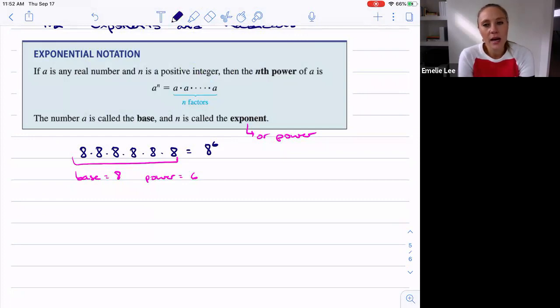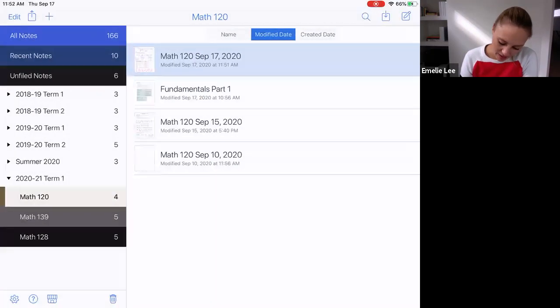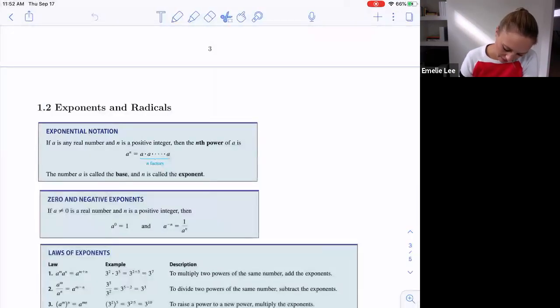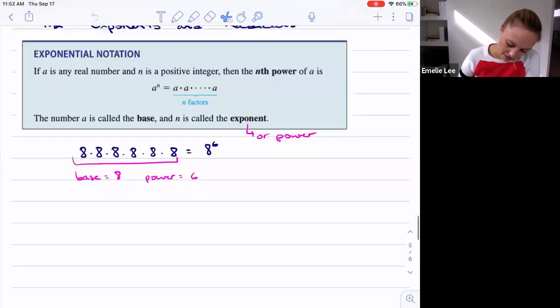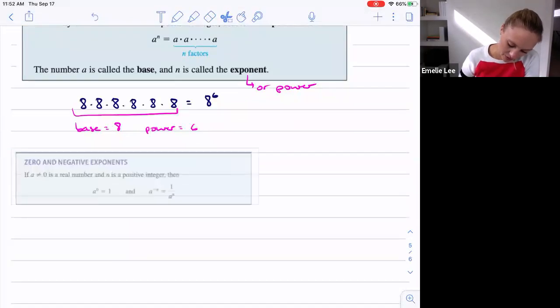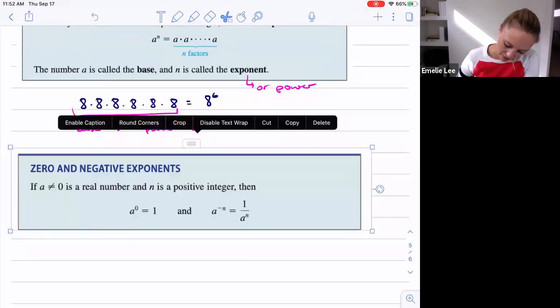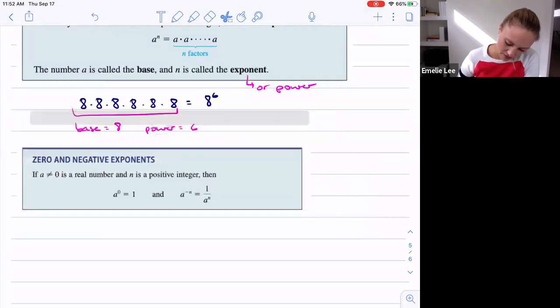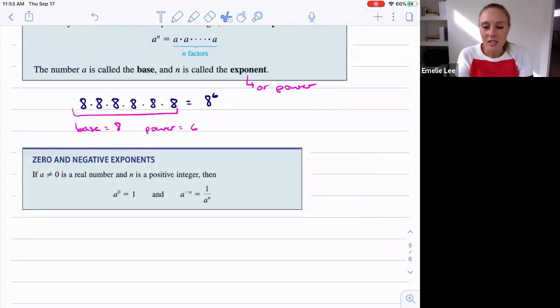We can also have negative exponents. Negative exponents are special because it bumps that base down to the denominator.